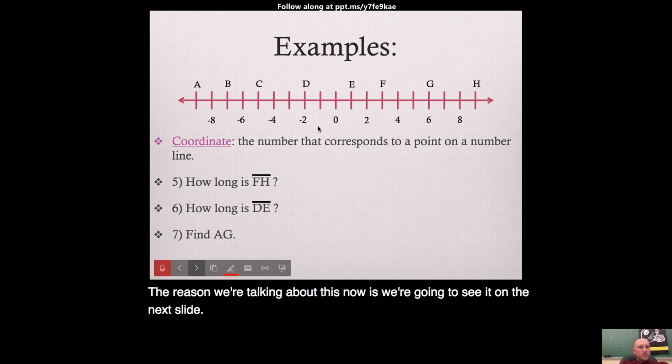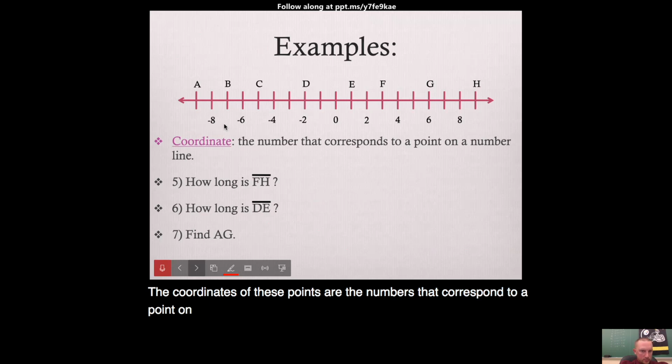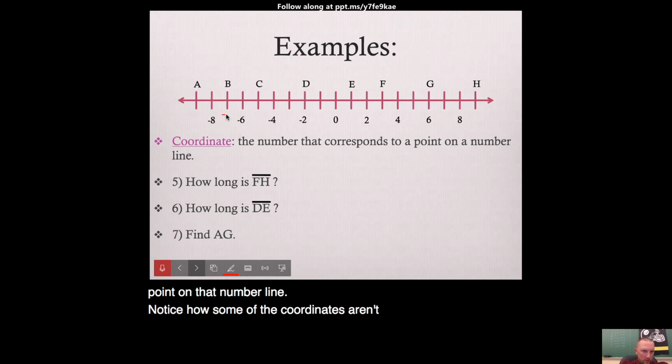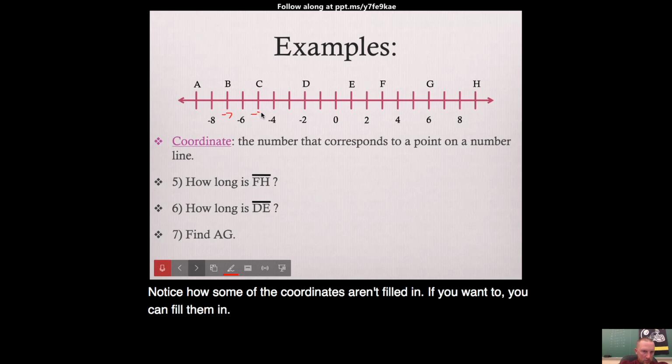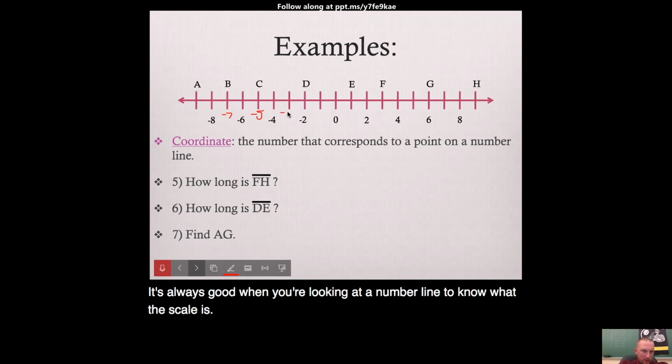Here's a number line. The coordinates of these points are the numbers that correspond to a point on that number line. Notice how some of the coordinates aren't filled in. If you want to, you can fill them in. It's always good when you're looking at a number line to know what the scale is. Are we counting by 1s or 2s?